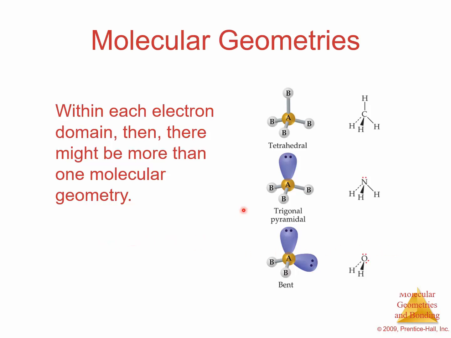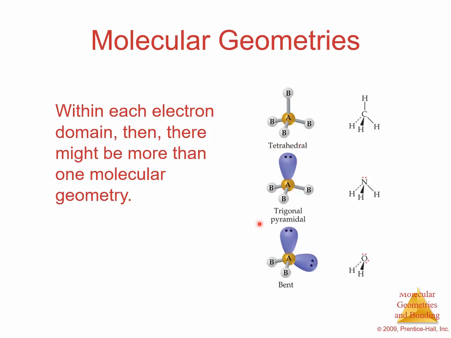For example, here we have tetrahedral, AB4, AB3 with one non-bonding pair, trigonal pyramidal, AB2 with two non-bonding pairs, it's bent. Again, within each electron domain, the electron domain geometry for all of these is tetrahedral. However, the shape is different.